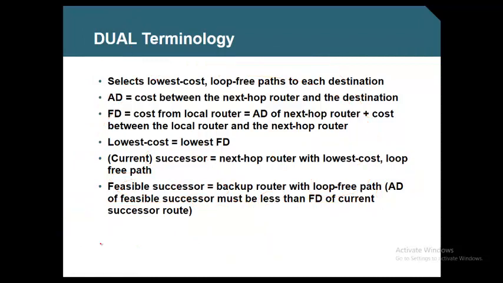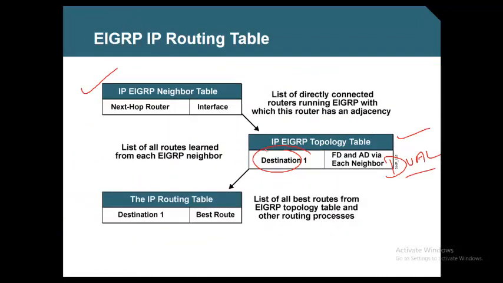Using that, you get the best successor route and the feasible successor route. The successor route is called the best route. The feasible successor route is called the backup best route. The best route alone will be put into the routing table. If this best route goes down, the backup will be promoted as successor and become the best route. It will come to the routing table.